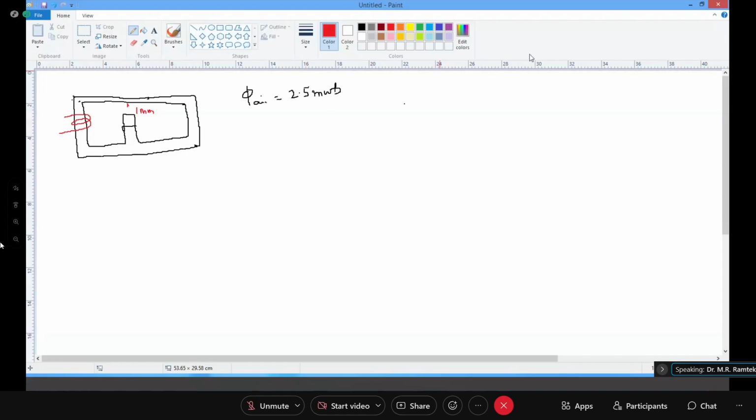So whatever was the MMF for the air gap, and this, I think this was named as C length, C. So MMF for air and MMF for C. What are the values? Anybody, can you put it in a chart?